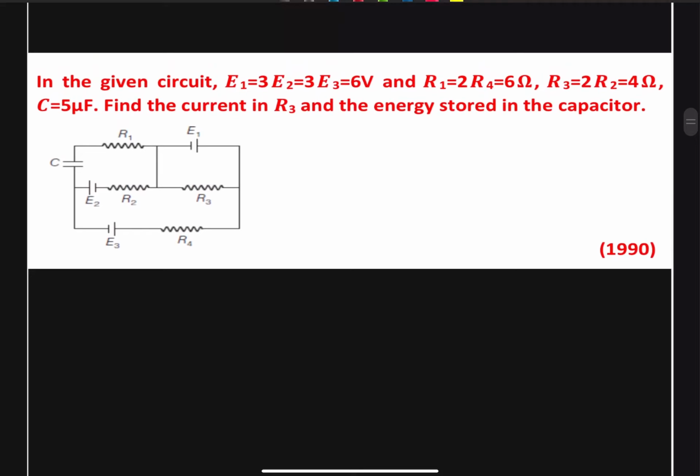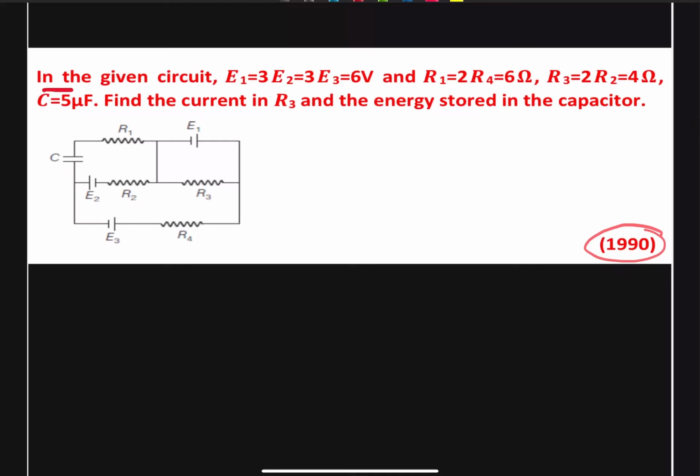We are given a circuit, and it was asked in the year 1990.